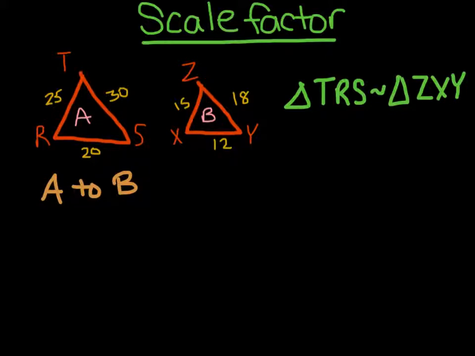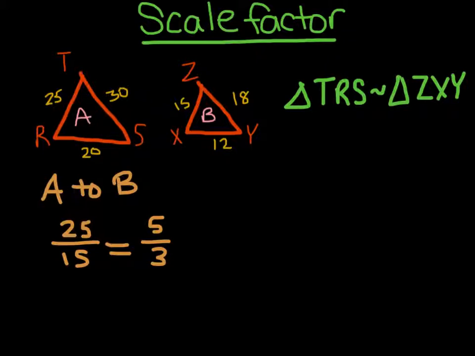So if I'm going A to B, that means I'm going to put it in the order of 25 to 15. So I'm going to write that down, 25 to 15. And then we just write that as a nice reduced fraction. We can reduce by 5 on numerator and denominator. So we would get a 5 to 3 ratio or a 5 to 3 scale factor.